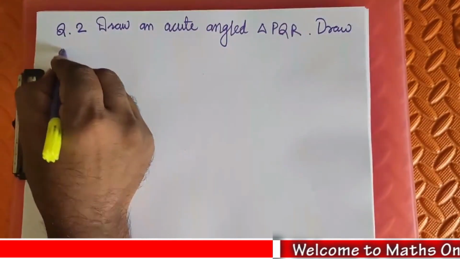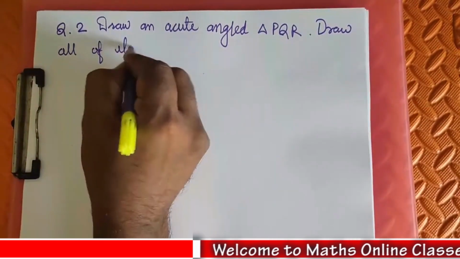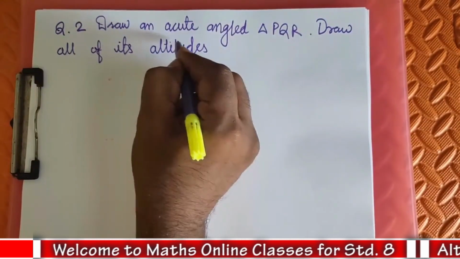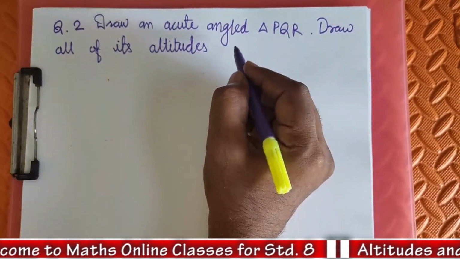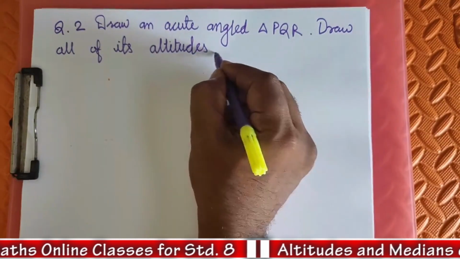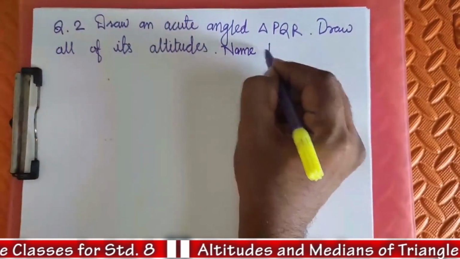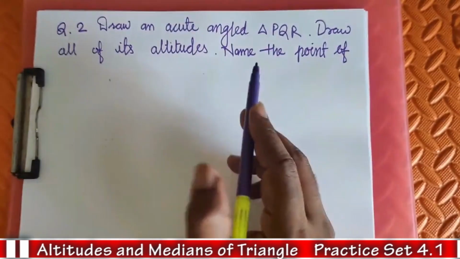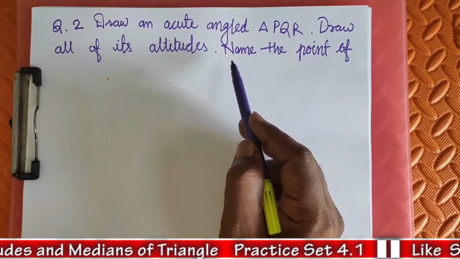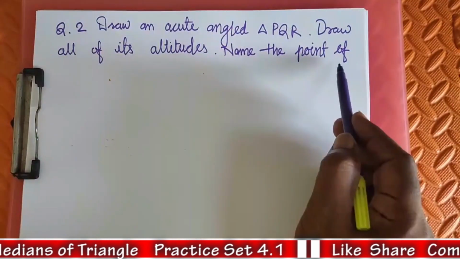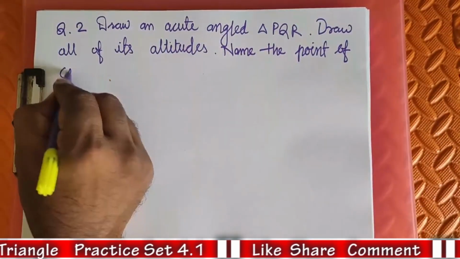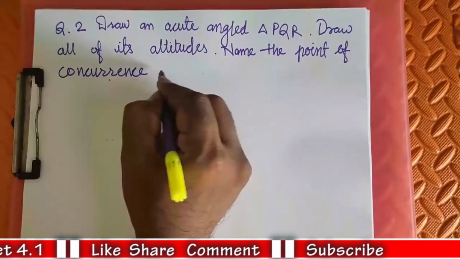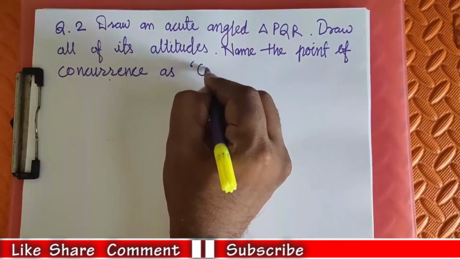Draw all of its altitudes. Name the point of concurrence as O.